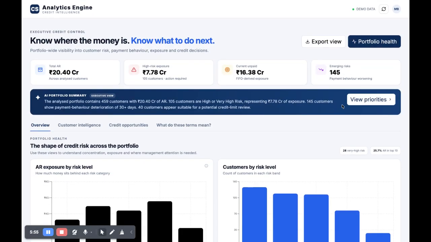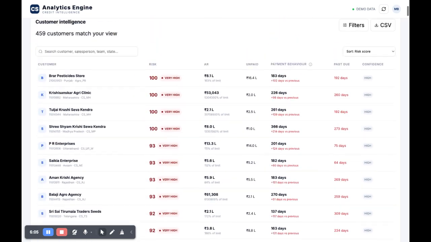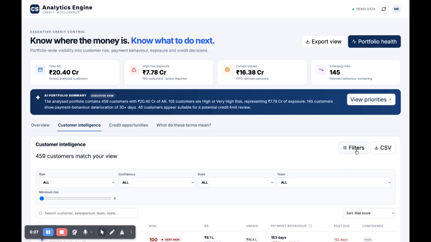If we click on the customer intelligence tab, here you will see first those customers who have high risk. Here we can filter by risk, high, very high.